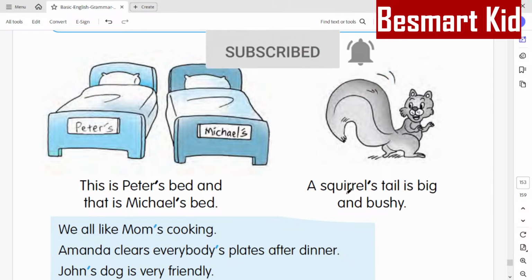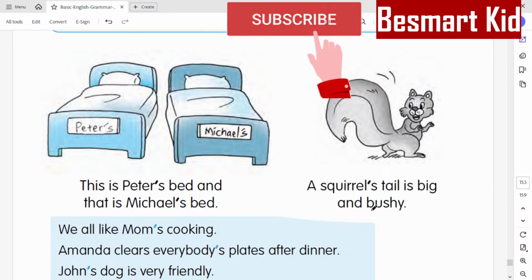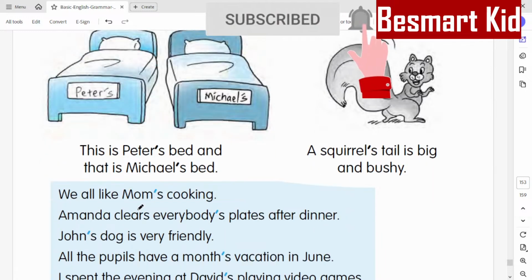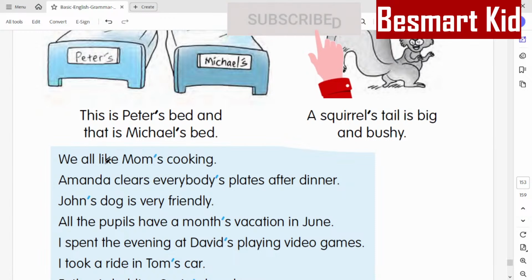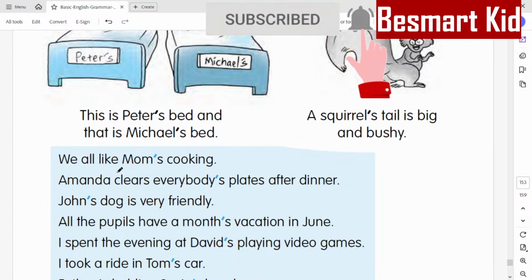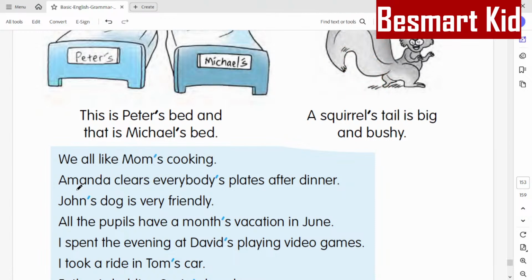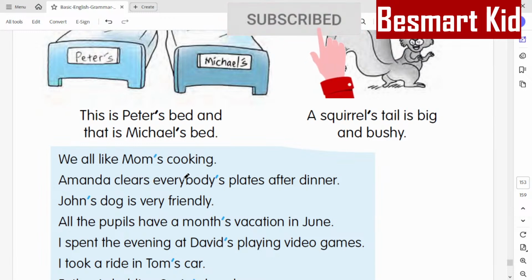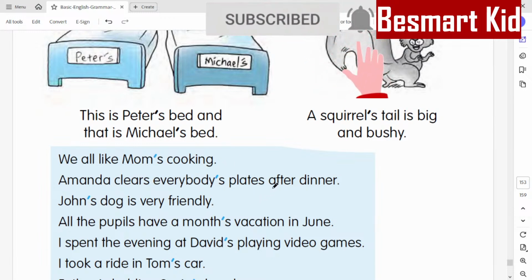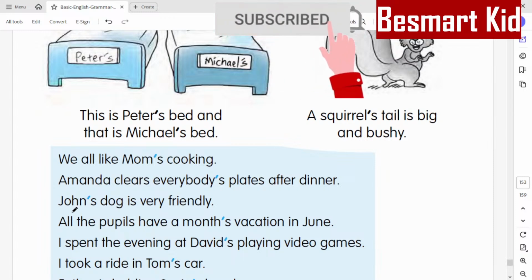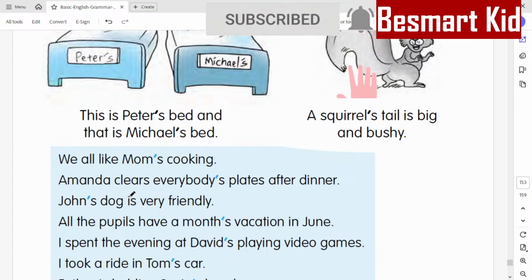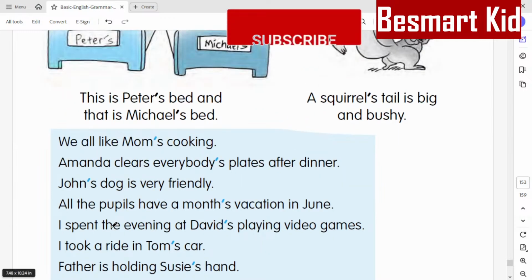A squirrel's tail is big and bushy. We all like mom's cooking. Mom clears everybody's plates after dinner. John's dog is very friendly.